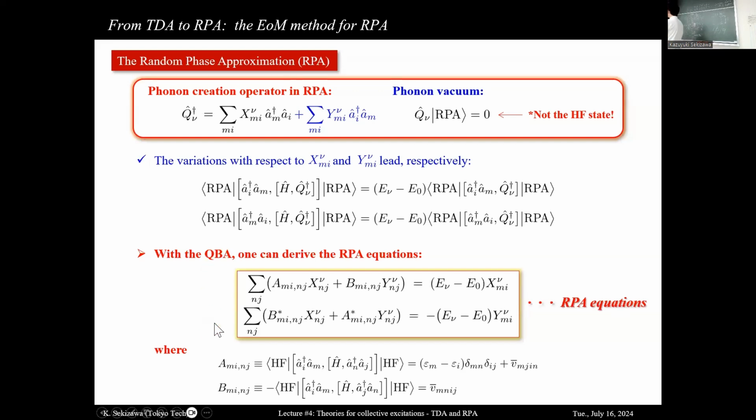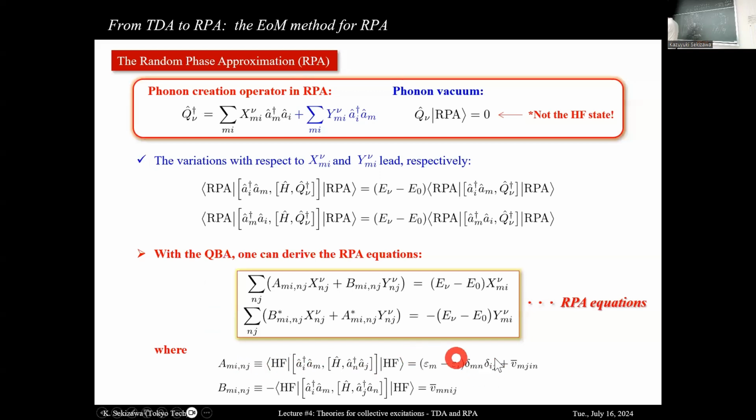equations. And here I define some matrices A and B, which are related to these commutation relations, and you can calculate them in this way.